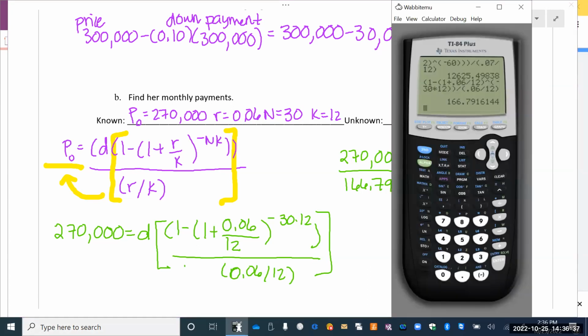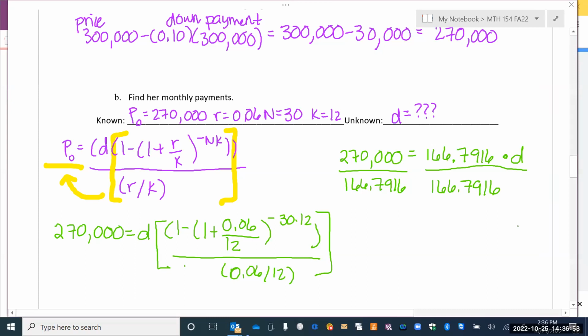I'm going to avoid rounding until the very end. And that's my monthly payment for that house. So that gives me $1,618.79 per month as my payment.